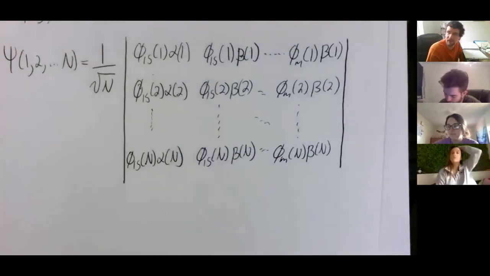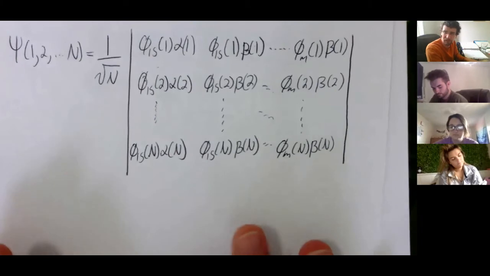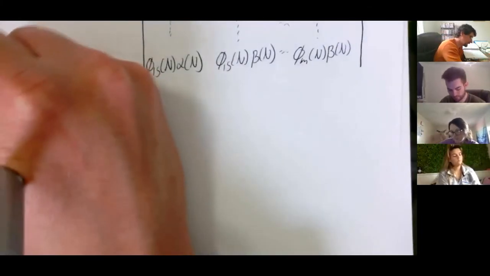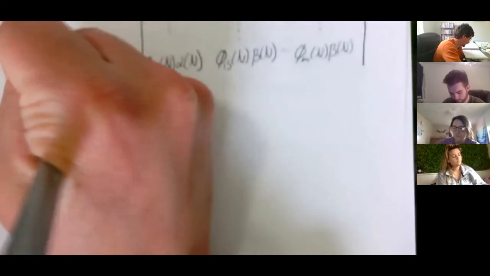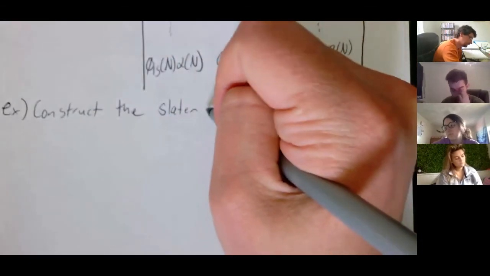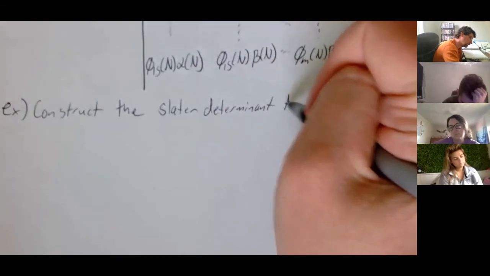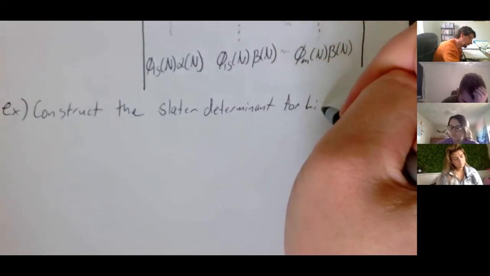Okay, so let's do an example. Let's construct a Slater determinant for a lithium atom. Am I okay to move this up? Yeah. For example, construct a Slater determinant for lithium.